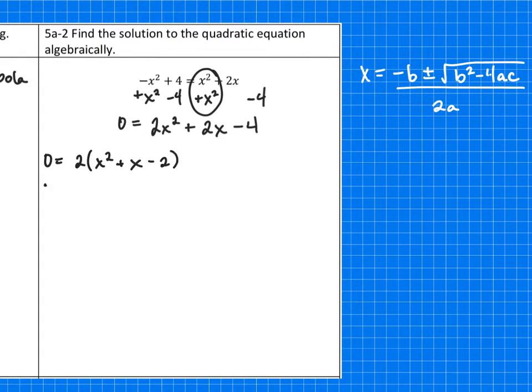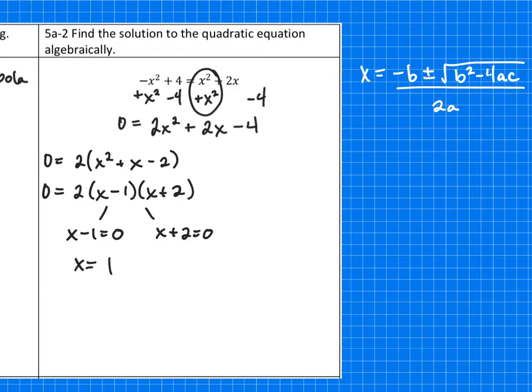The rest of that factors to x minus 1 times x plus 2. So I set each of these factors to 0, so x minus 1 equals 0, x plus 2 equals 0, and I have x equals 1 and x equals negative 2. It's one way to go about it.